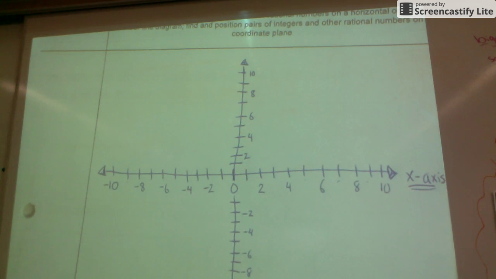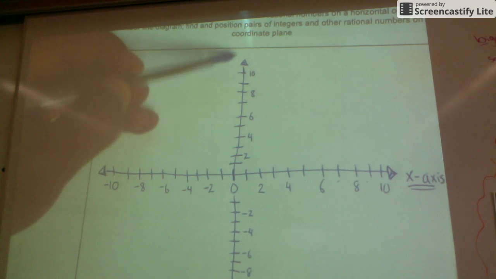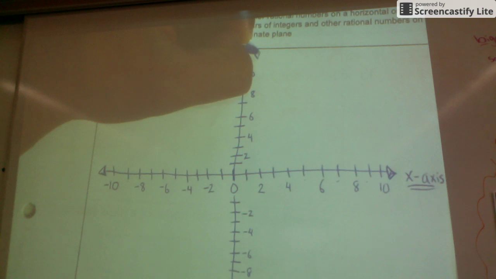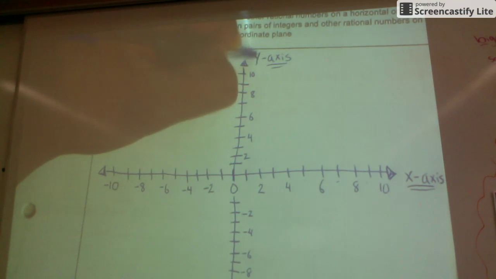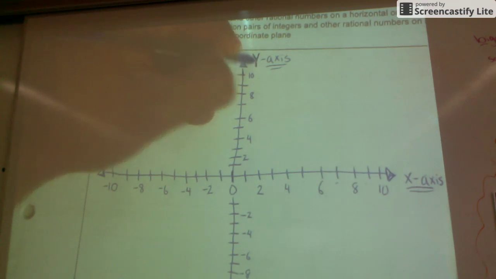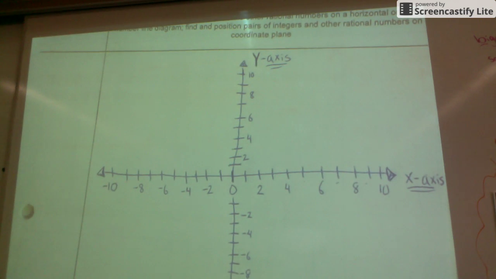So this number line going up and down is going to be called the y-axis. Okay? And I'll show you guys what that is in a little bit. And here's a way that you can remember if you get confused. The y-axis goes up and down, and you can tell because when you draw the letter y, the bottom line goes up and down. So you can tell it goes up and down.